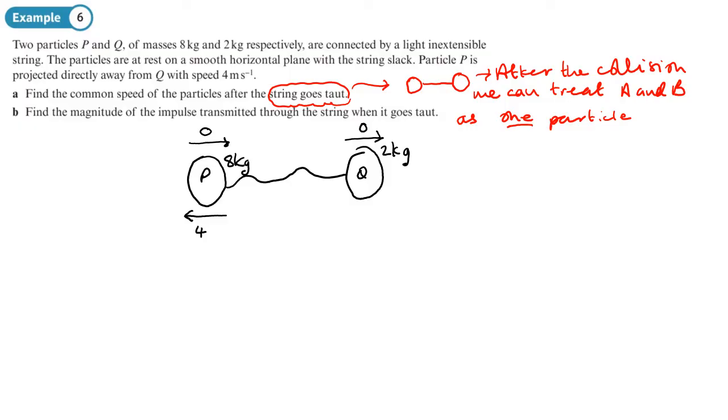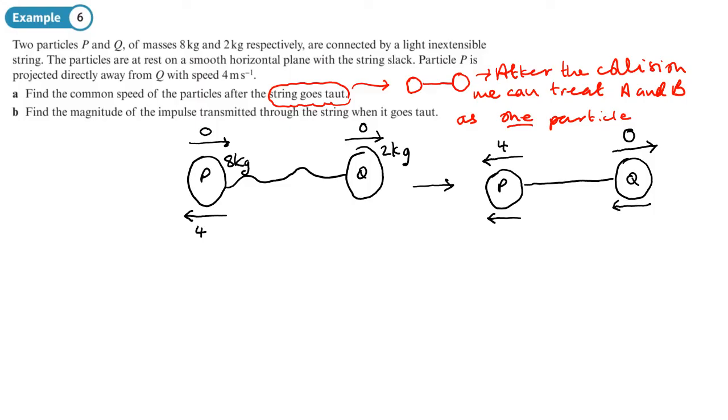We could draw another diagram to show what happens once the string is taut. So we've got P and Q. When the string goes taut, this happens. This is traveling at 4, this would be traveling at 0. The moment the string goes completely straight, P will be traveling at 4, Q's not moving, and then they're both going to go off in this direction.